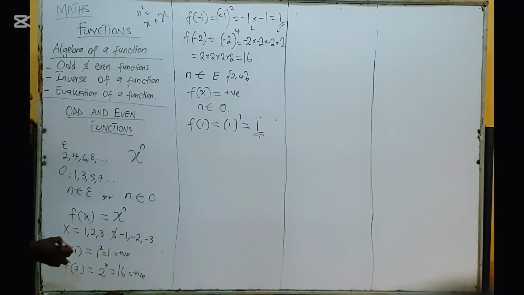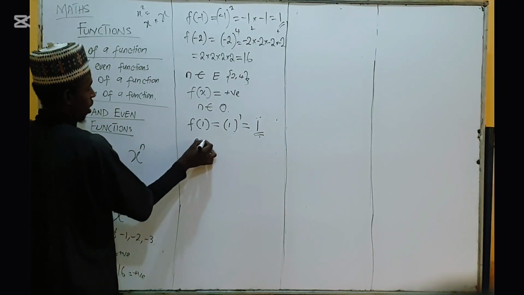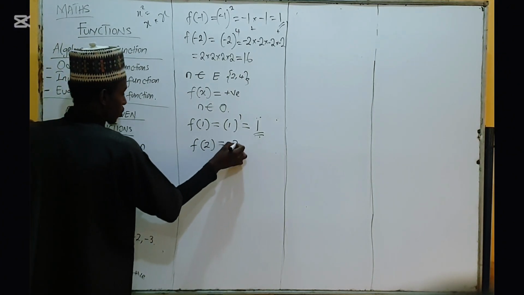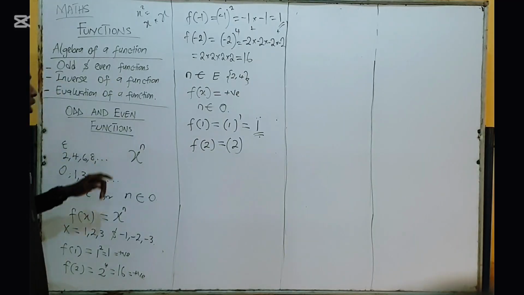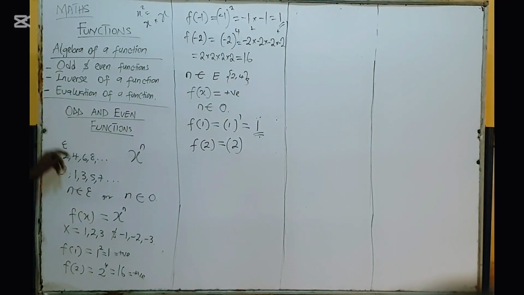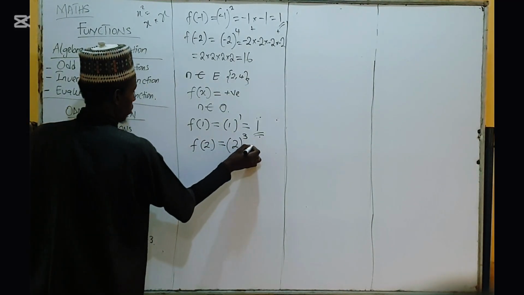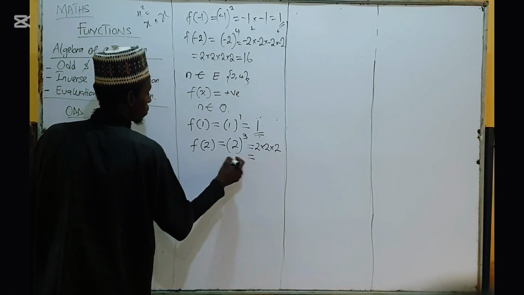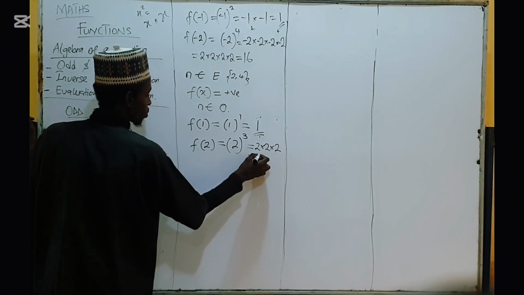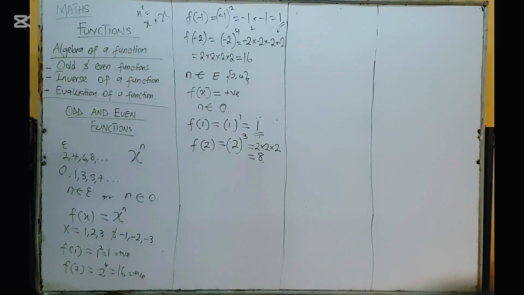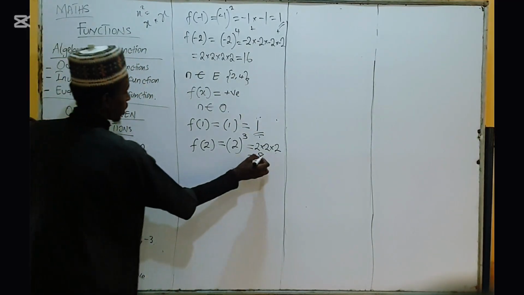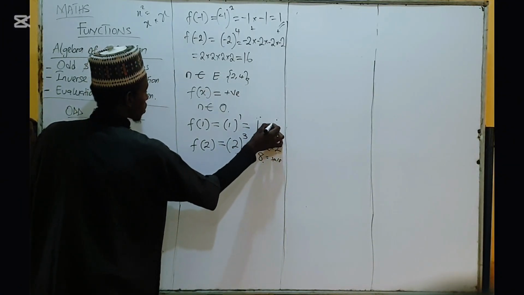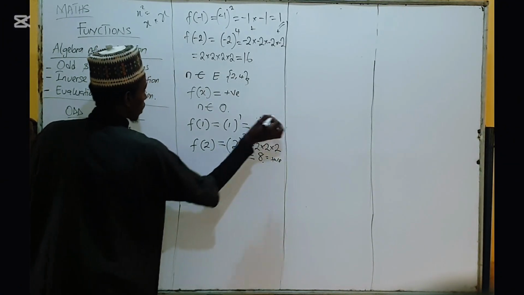Now, in my next example, I will take f of 2, which is 2 raised to the power of the next odd number, 3. 2 raised to the power of 3 is 2 times 2 times 2, which equals 8. So the function is positive here, and also positive here.